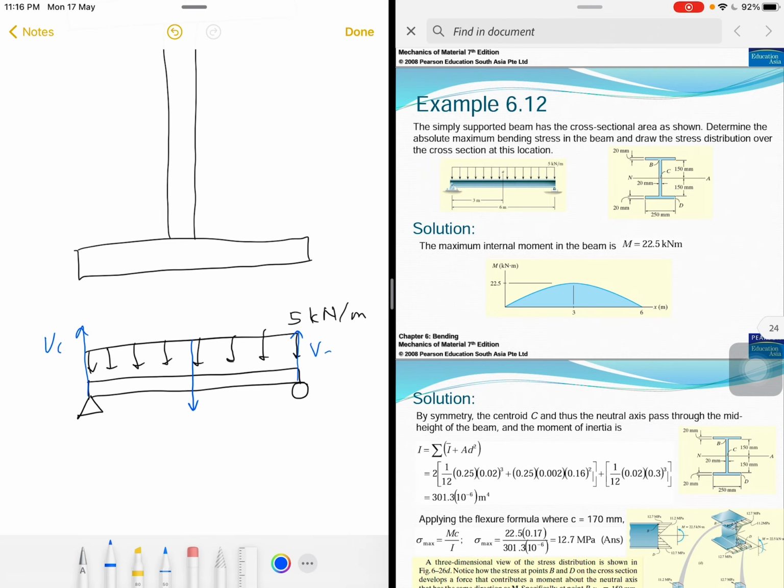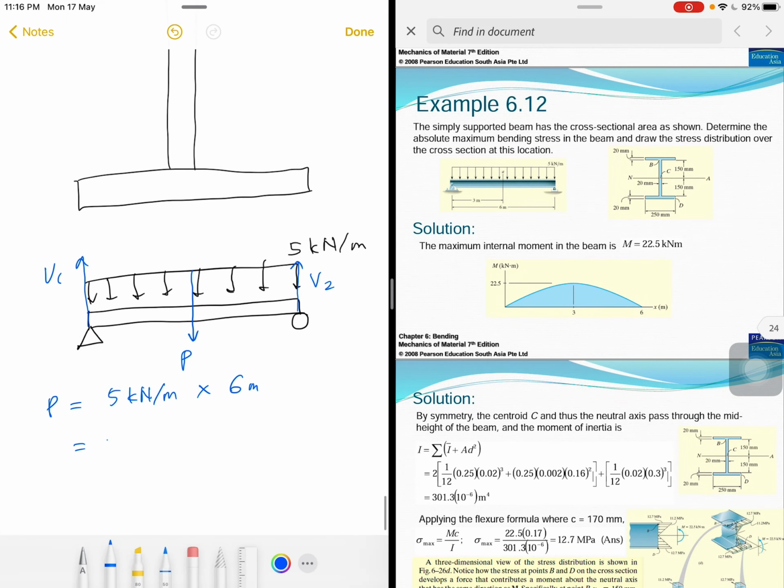So this V1, this V2, and this we can say P. So P is equal to 5 kilonewton per meter times the total length, which is 6 meter. So we will get 30 kilonewton. Okay, is it correct?